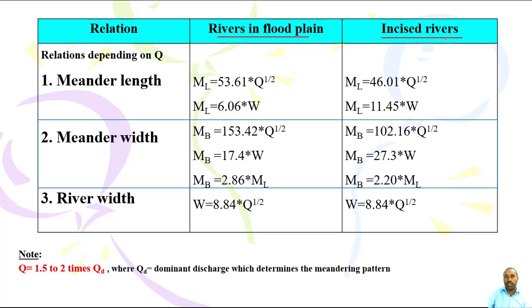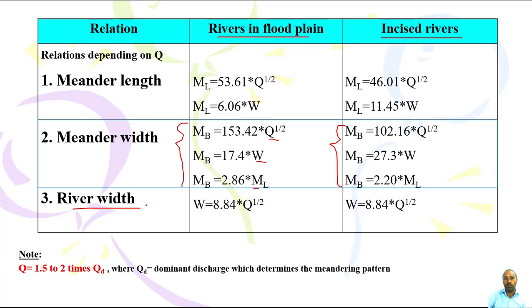Or for an incised river, you have meander length as 6.01 square root of Q. Otherwise, if you are given the width of the river, you can use 11.45. And for meander width, you can use these equations according to the given values Q, W, and meander length. Otherwise, for an incised river, you will use this one.